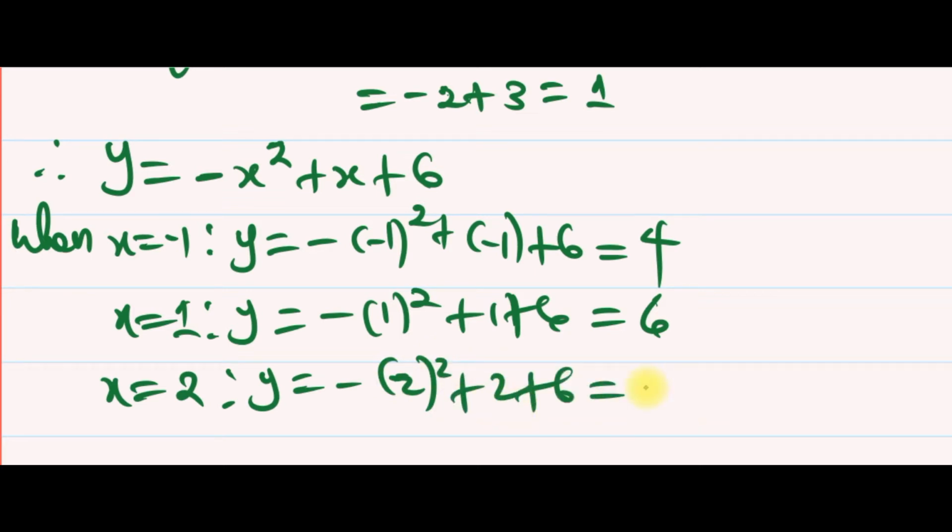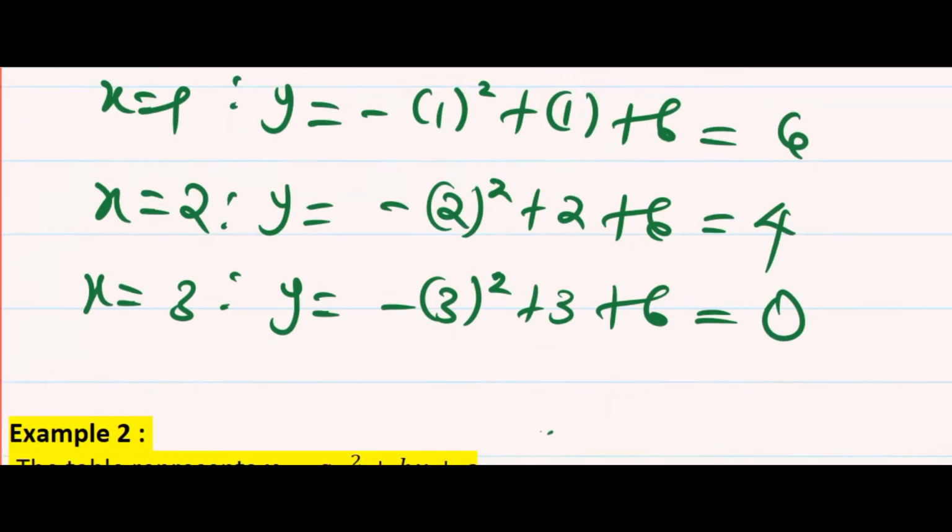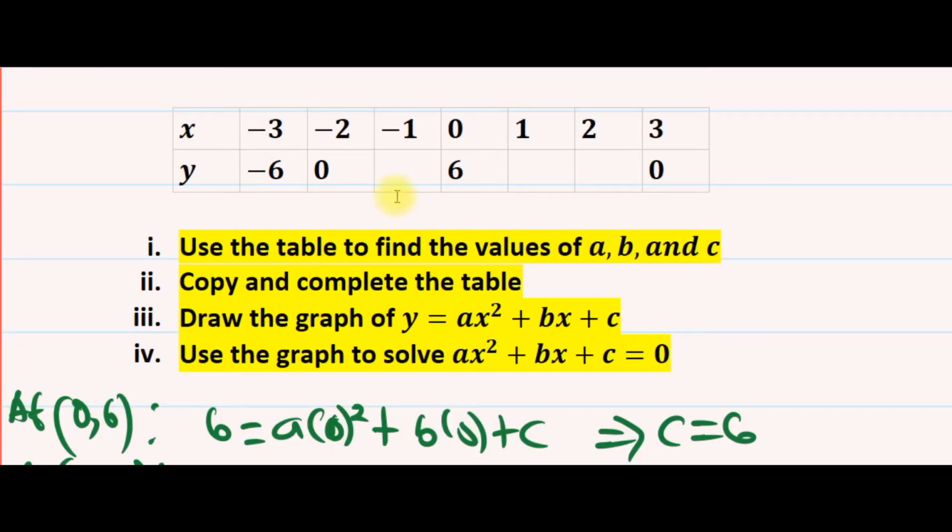This is 4. So that's it. We'll fill up the table: 4, 6, 4. So we've gotten a complete table. Let's now go over to the graph. Let's plot the graph of y equals ax squared plus bx plus c and use it to solve the quadratic equation.